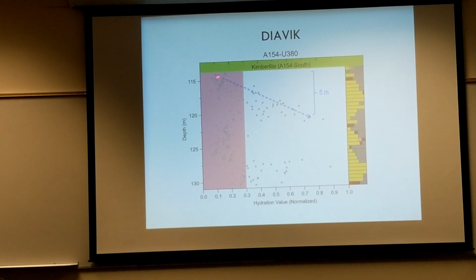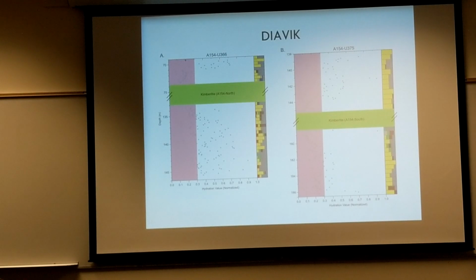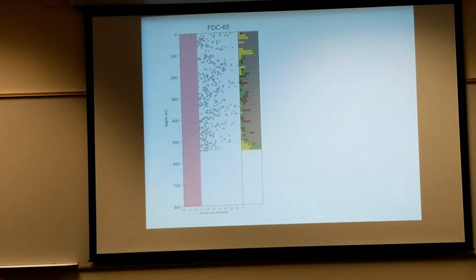You start out very dehydrated near the kimberlite where it's in contact, and as you get further away where it's cooler, it's just hydrated. This drill hole intersects kimberlite once and almost intersects it a second time, before it pops out away from the kimberlite and starts going into the normal hydration zone. Other kimberlites at Diavik also show this. And here we go. Whoa!